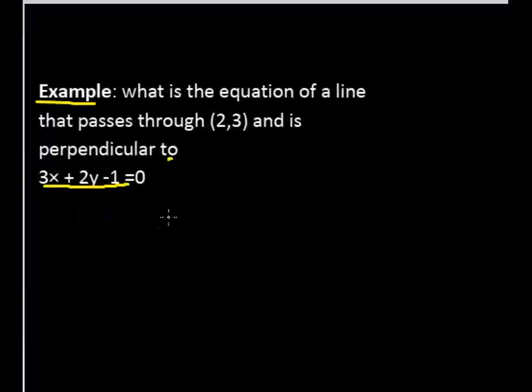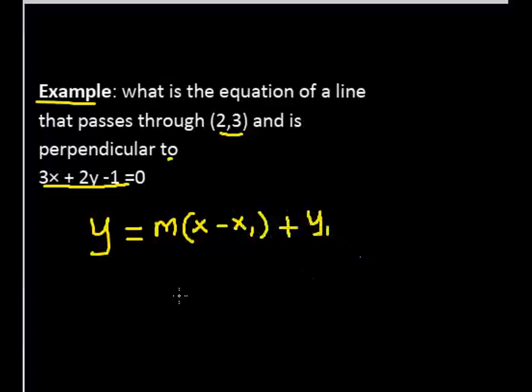Let's see. So if this line is passing through a point, I'm going to use the point slope method, which of course, remember, is y equals m times x minus x1, then plus y1.